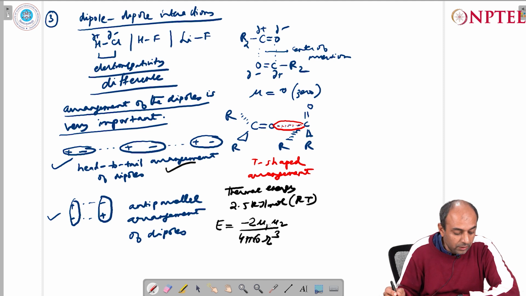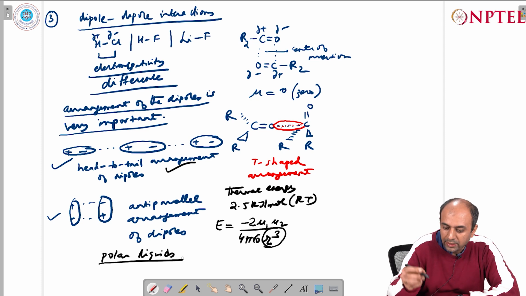If you have the same molecule, it is simply the product of the dipole moment square, and it is inversely proportional to r cube. So it is much more sensitive to distance, and it drops off dramatically with slight changes in the equilibrium separation between the ion and the dipole. And this is what is responsible for the association of polar liquids.